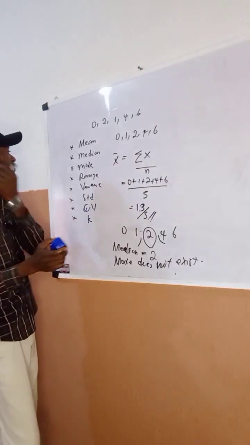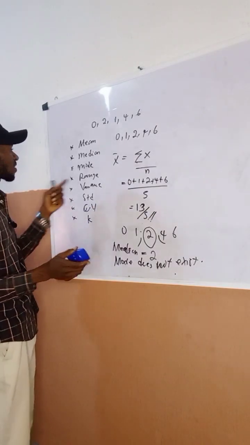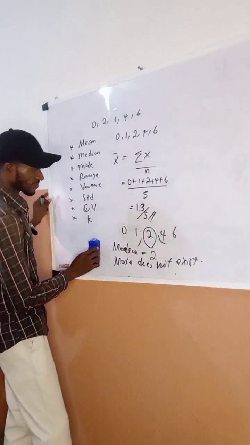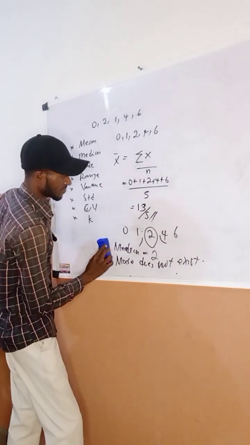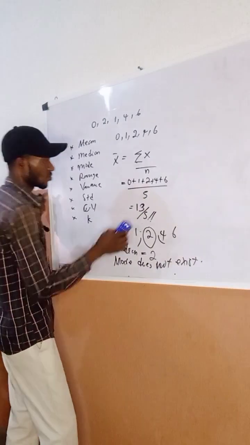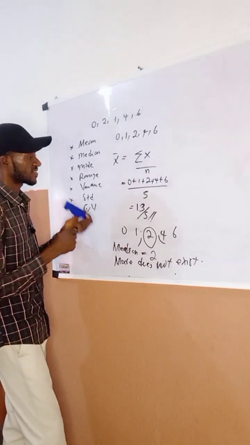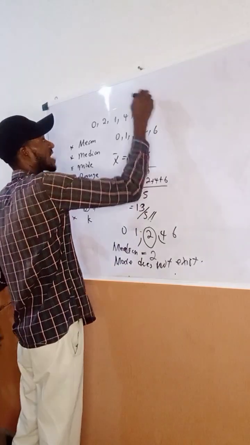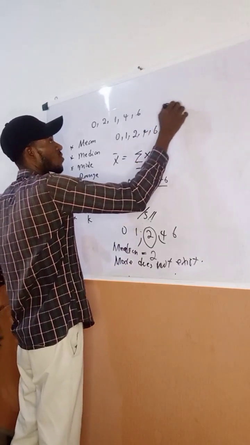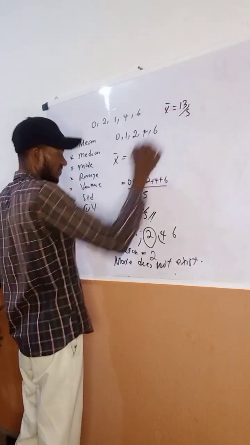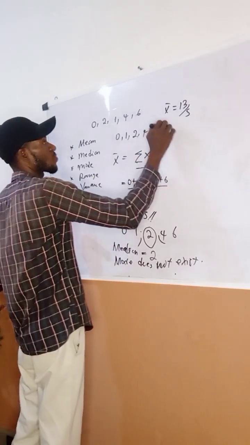So we now move over to the range. Do remember that our mean, x bar, equals 13 over 5, and our median equals 2.